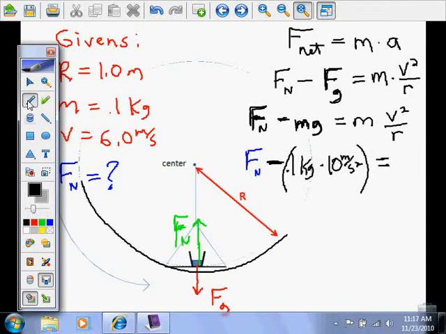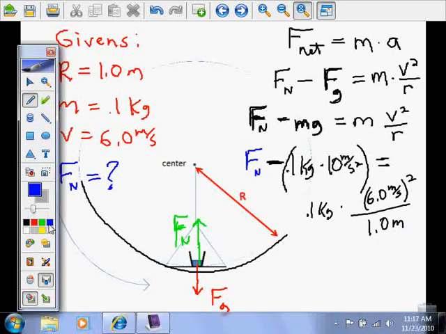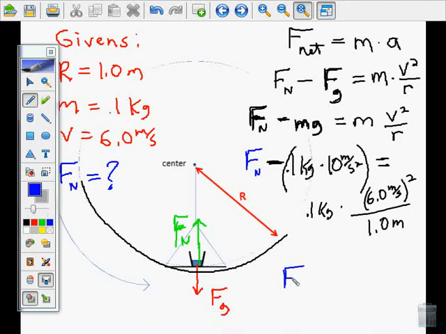So we have, what is that going to be? 0.1 kilogram times the velocity. We're saying that we had that sucker spinning 6 meters per second, squared, divided by the radius, which is about 1 meter. And then we have everything except for our F sub n. And if we solve that for F sub n, what do we end up getting? Did anyone crunch that out? Samantha? 4.6 newtons?